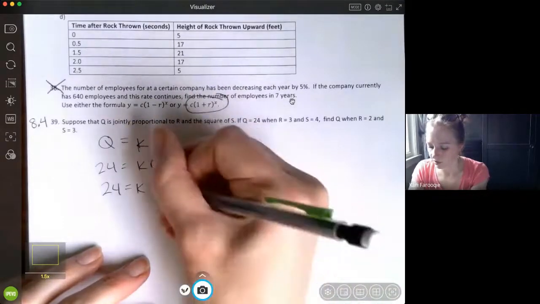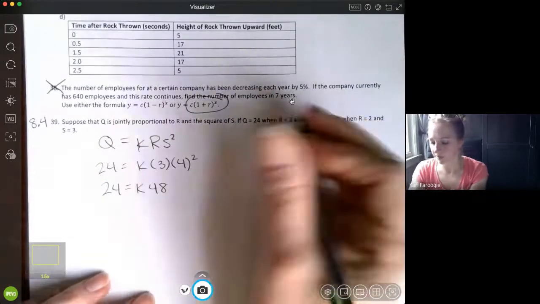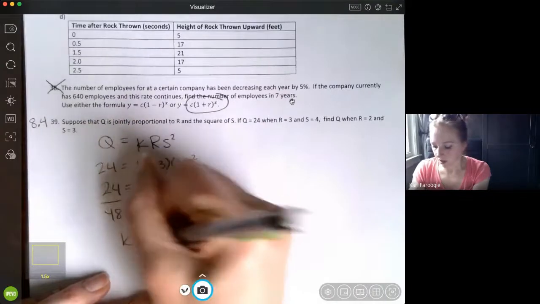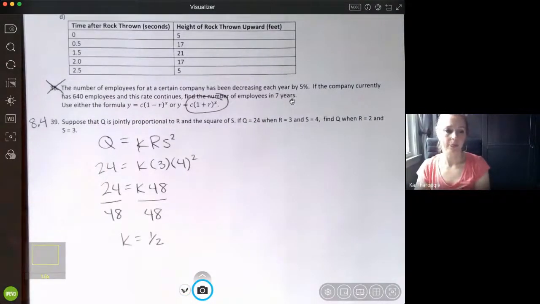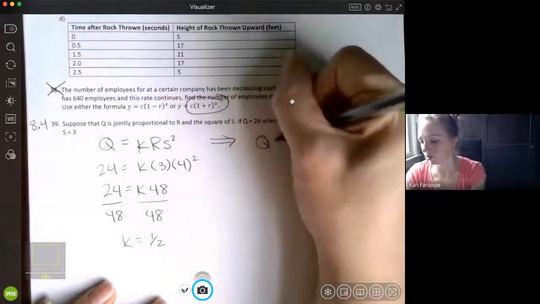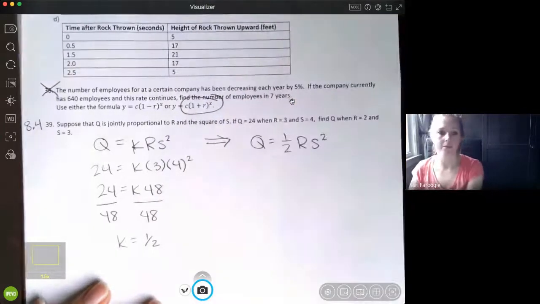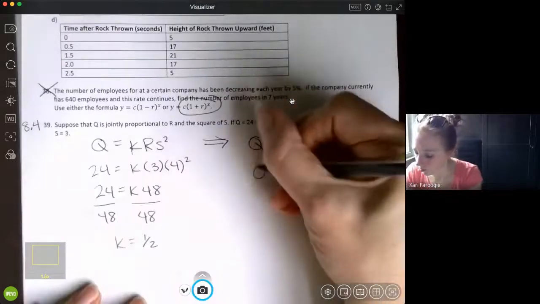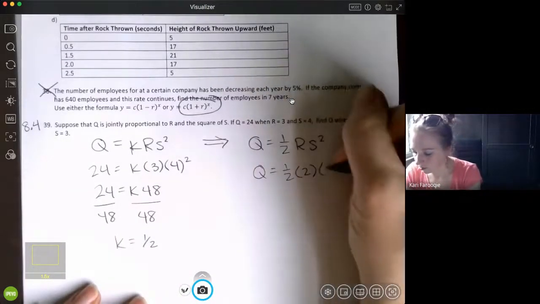So 3 times 4 squared is 3 times 16, which is 48. Divide both sides by 48, and you get K equals 1/2. And then go back and say Q equals 1/2 R S squared. Now find Q when R equals 2 and S equals 3.